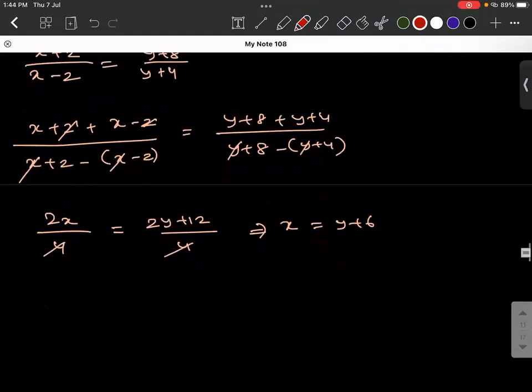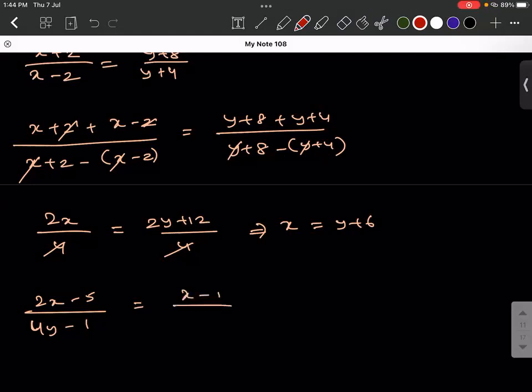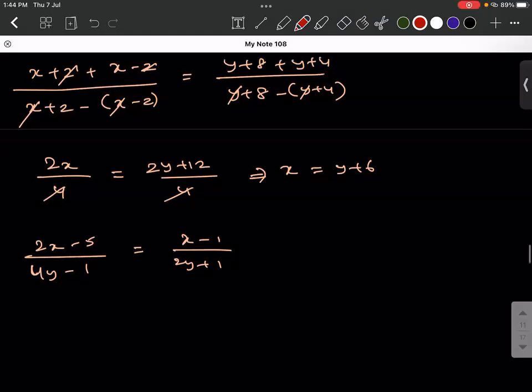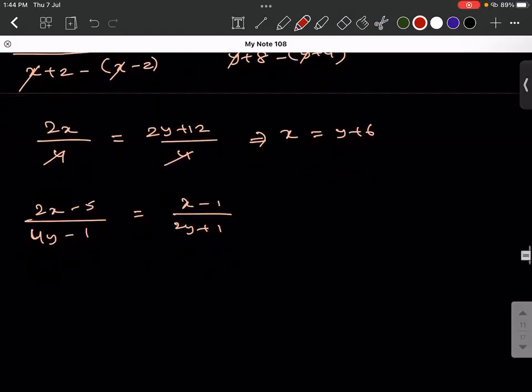So for the second one, (2x − 5)/(4y − 1) = (x − 1)/(2y + 1). Right? So if at all you want to apply that, see, listen.